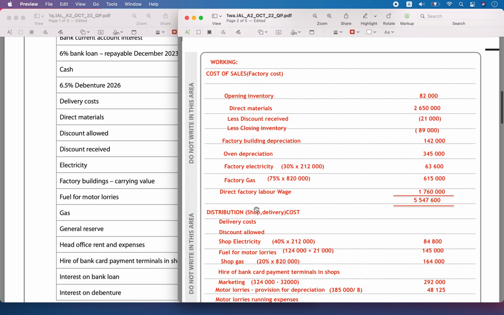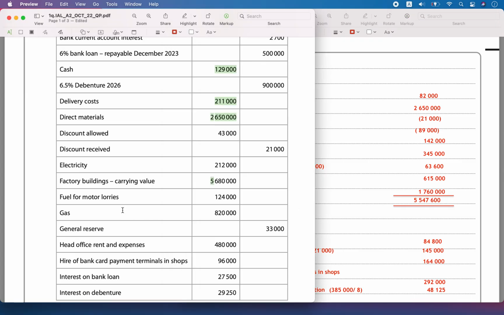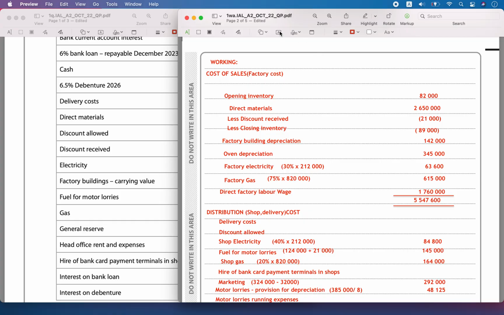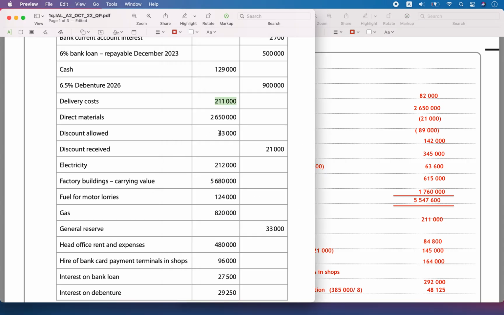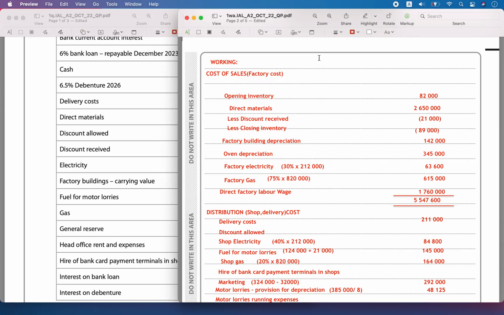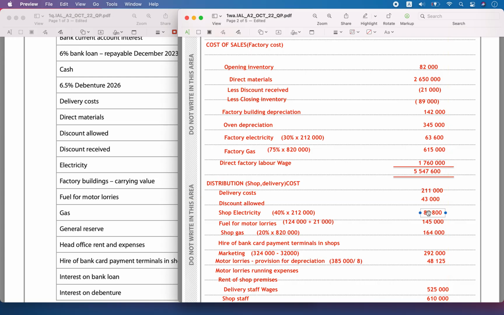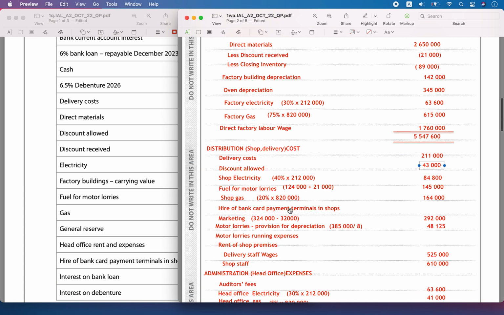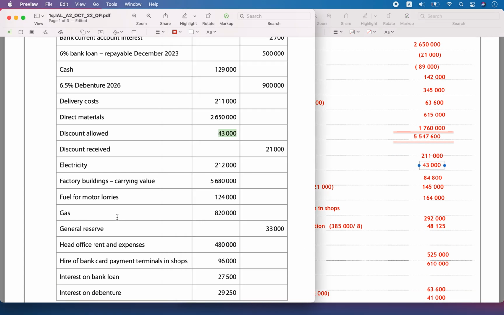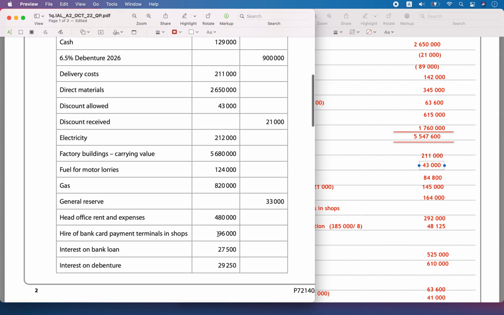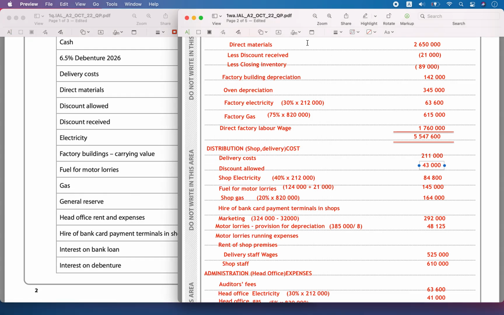Then let's calculate the distribution cost. First one is the delivery cost. It is 211,000. Then discount allowed, it was 43,000. Shop electricity we have put. Then hire of the bank card payment terminals, so that is 96,000.